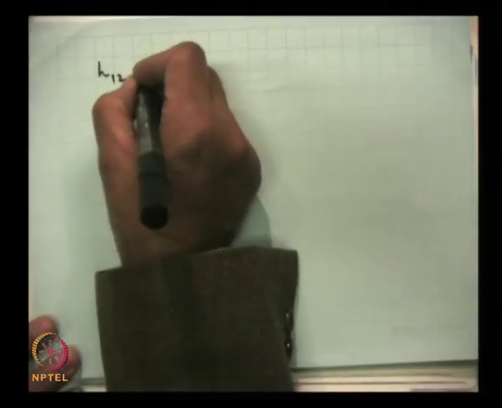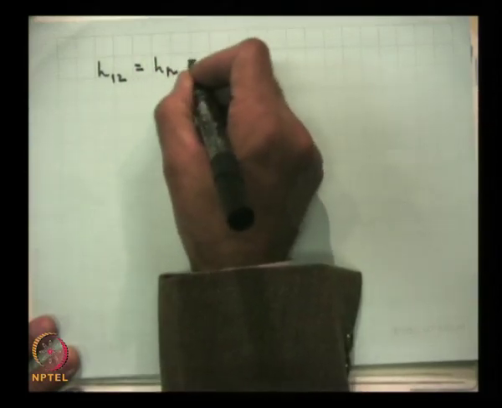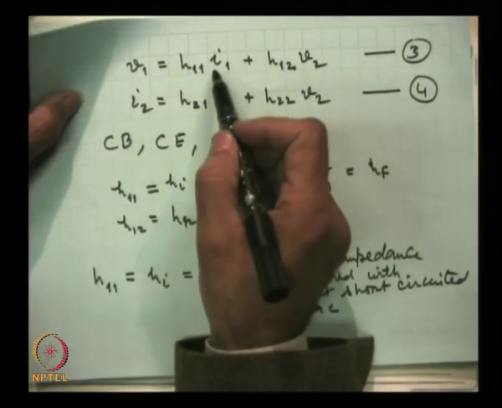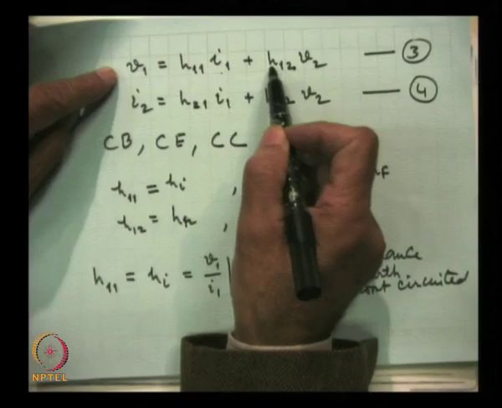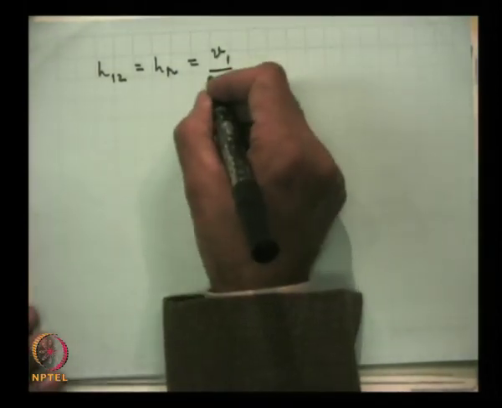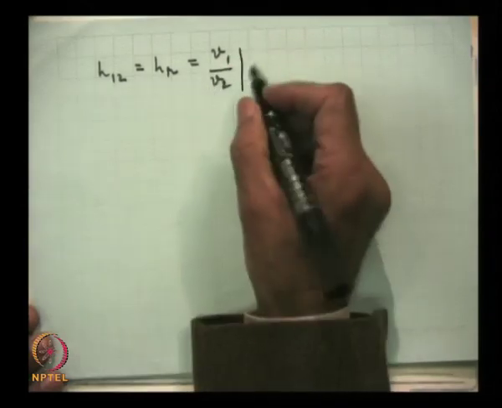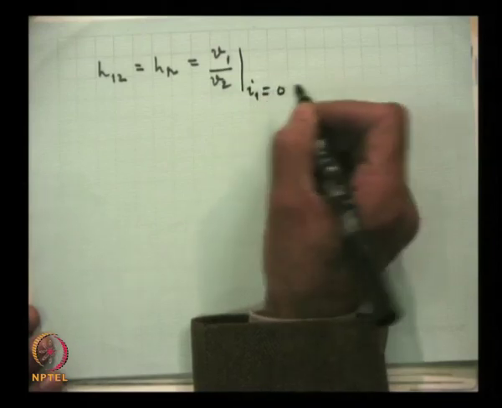H12, which is the reverse, and this is the ratio, here again from equation 3, if I1 is 0, then this ratio H12 comes out to be V1 by V2, so V1 by V2 under the condition that I1 is 0.